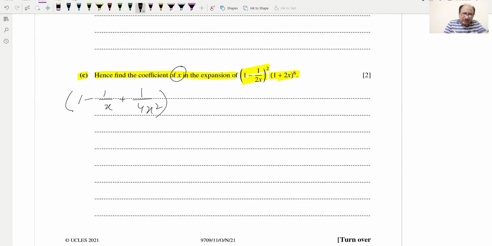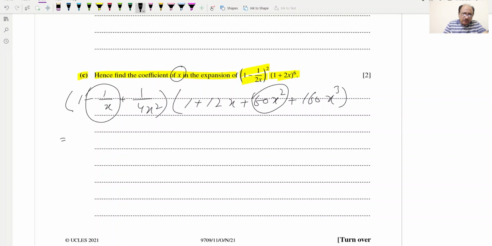The expansion of the second part is what we have just expanded: 1 plus 12x plus 60x squared plus 160x cubed. Now we need the power of x. How will we get the coefficient of x? When we multiply this term with this term, x will be cancelled basically, not with this one.